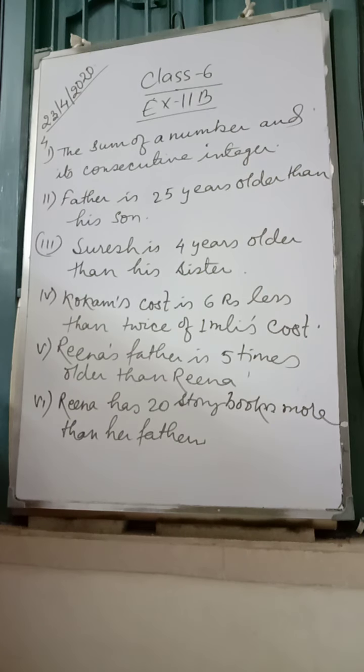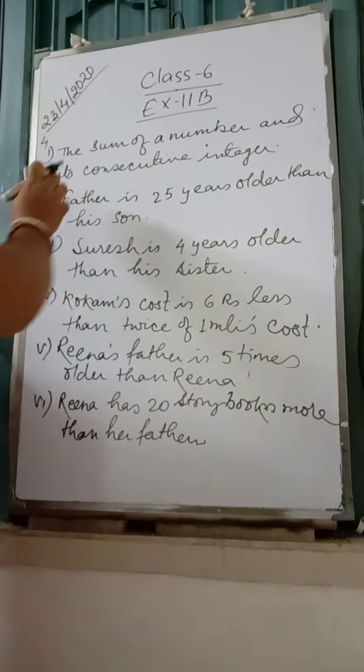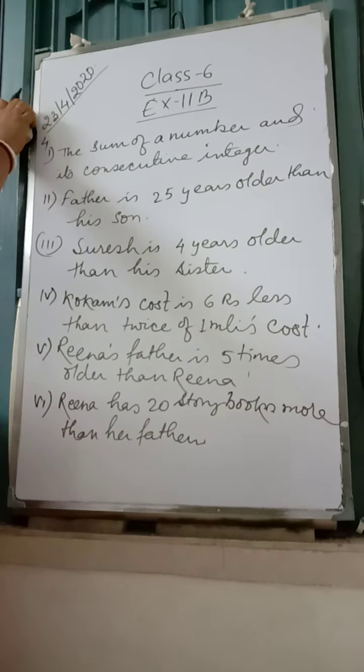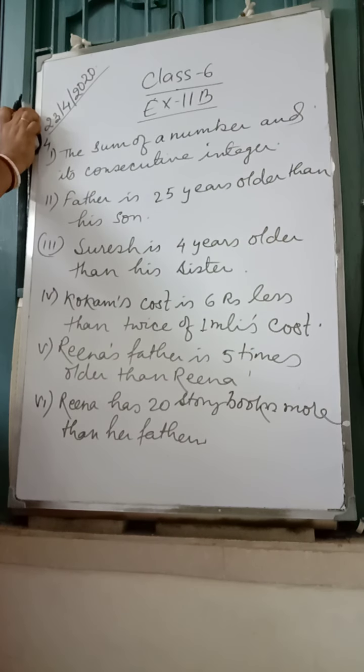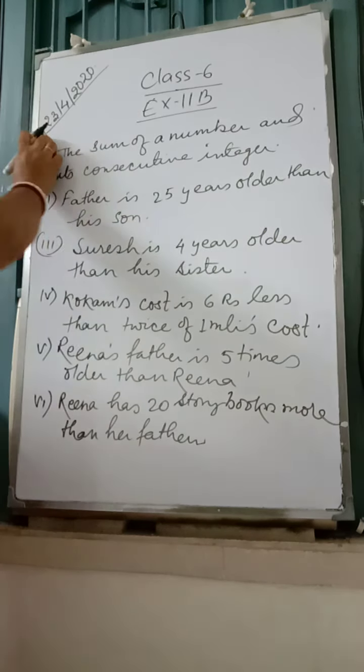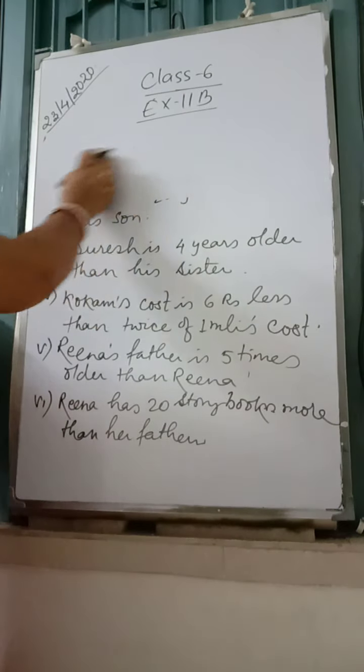Given in your book. Question number 5 says, identify the constants and the variables in the following expressions and find the value if x is equal to 1, y is equal to 2 and z is equal to 7. Now you have been given the values of x, y, z and certain expressions.